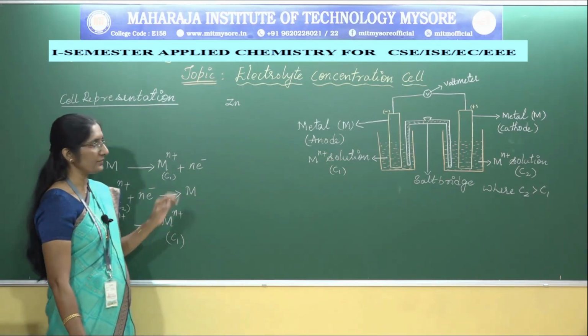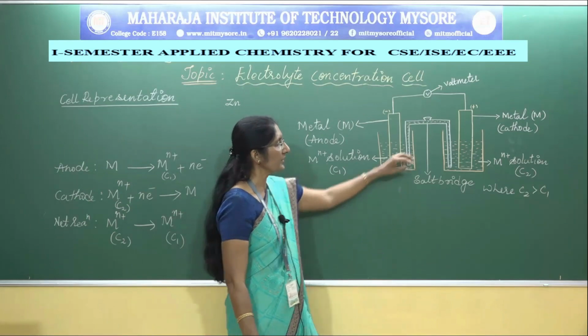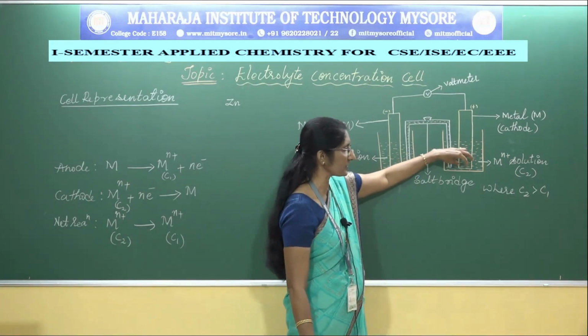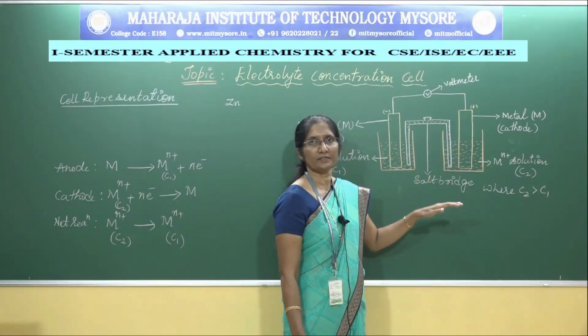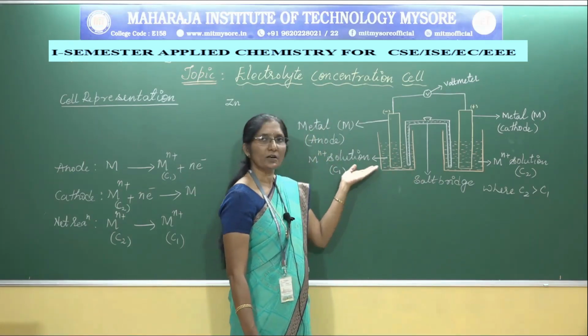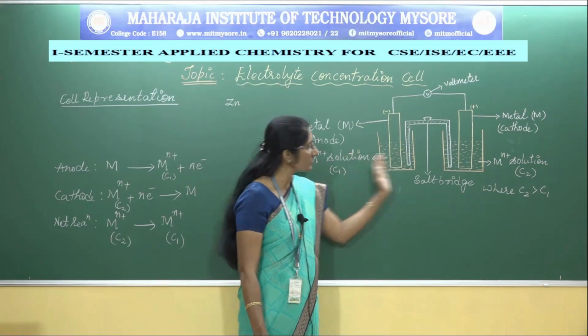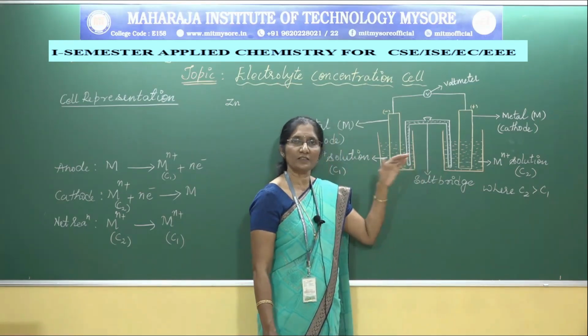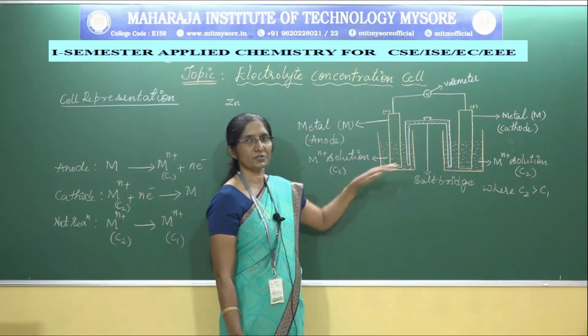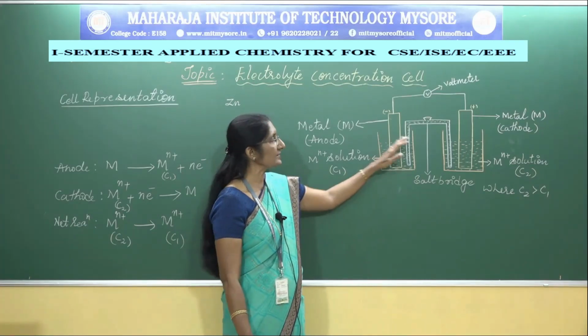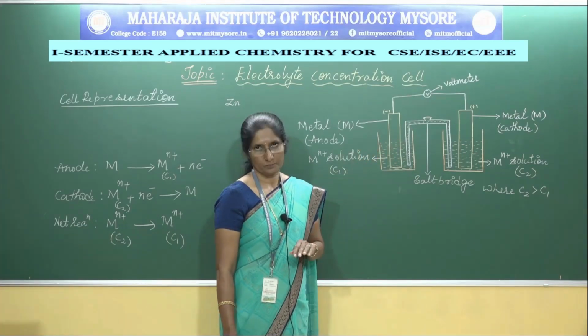So the net reaction is M^n+ at concentration C2 changes to M^n+ at concentration C1. This gives the information that during the reaction the concentration of metal ions at the cathode gradually decreases, whereas at the anode the concentration of metal ions gradually increases. Once both the half cells have reached the same concentration, the reaction stops. That means the cell stops developing potential.